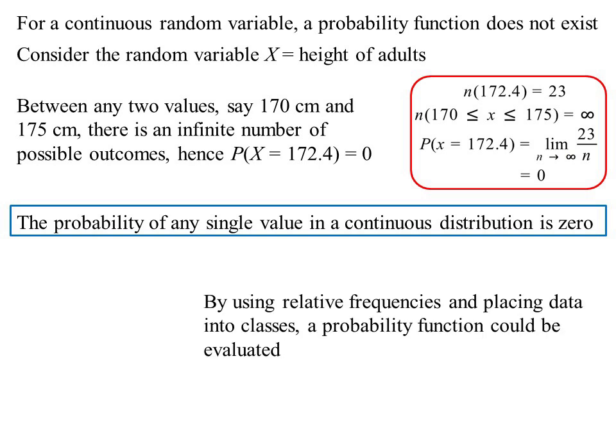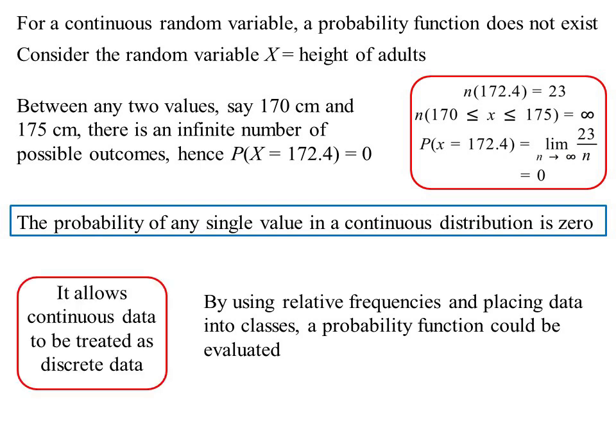But if we look at relative frequencies or probabilities and use classes rather than individual values, then we could work out a probability function. And this is what allows the continuous data to now be treated as discrete data, because we're saying everything in this interval is now going to have the same value. And so we can give it a discrete value.